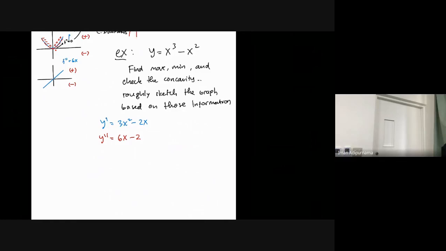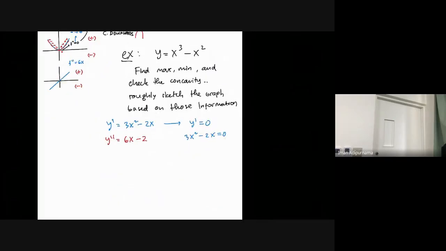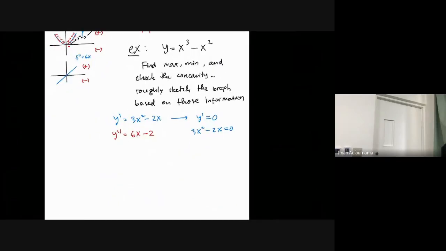First, set the first derivative to 0 to check the critical points. So 3x squared minus 2x is 0. I will have two critical points from here: x is 0 and x is 2/3.